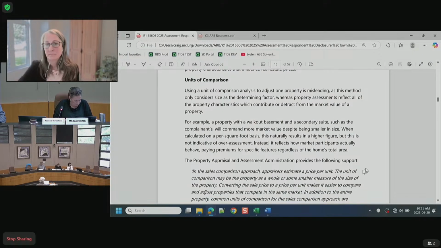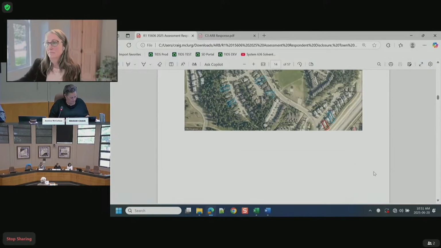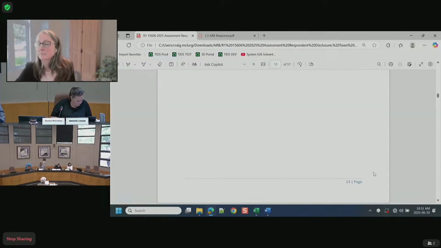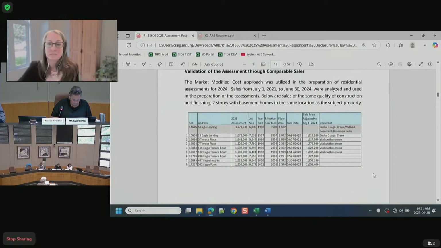So I guess my question for you is, in your table on page 13, where we've got these comparable properties, if you're not comparing them on a price per square foot or a price related to land value, comparing the land values, how are you doing the comparison?